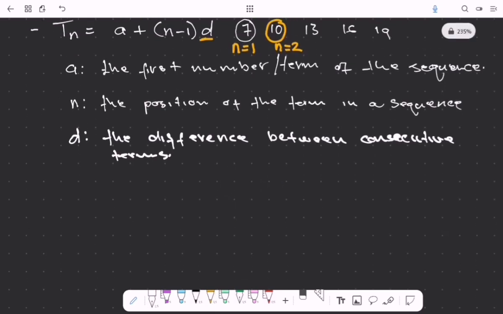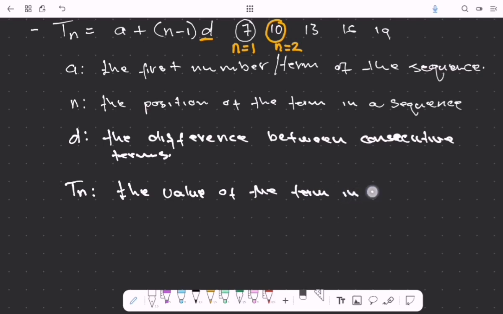Now, lastly, let's talk about Tn. What is Tn? Tn in this case is the value of the term in the nth position, right?